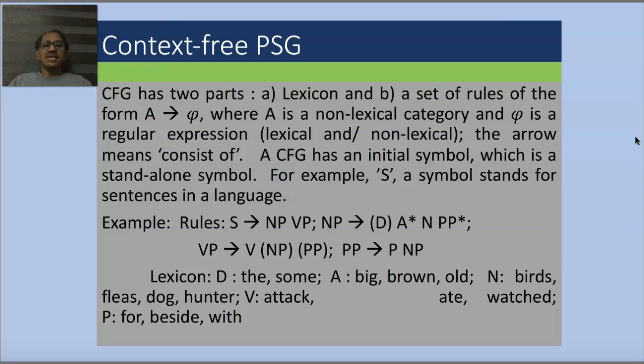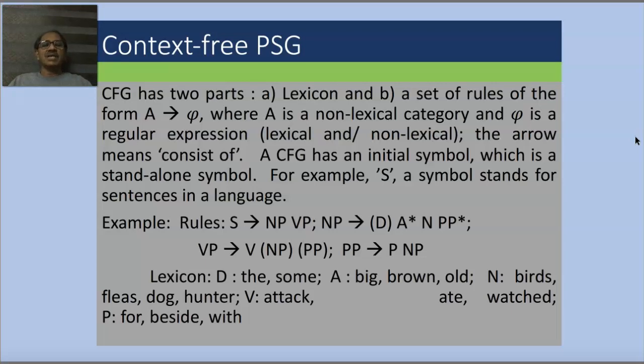One is lexicon and the other is a set of rules. And the set of rules are of the form A consists of phi, where A is a non-lexical category. That means they are not nouns, verbs, etc. They are above nouns. And phi is a regular expression, which may be a lexical or a non-lexical category.